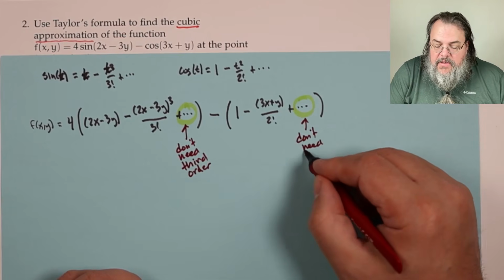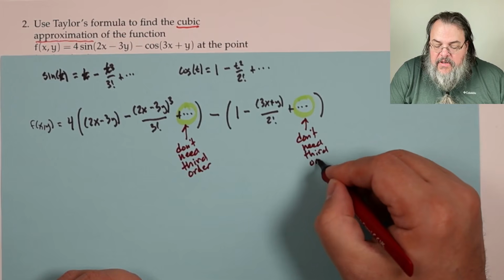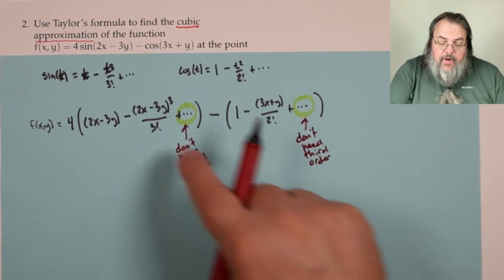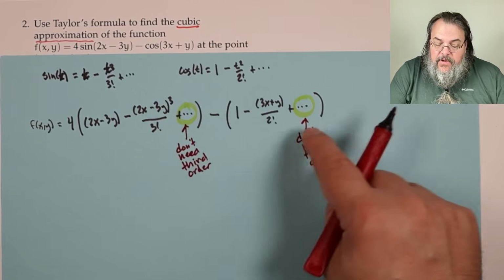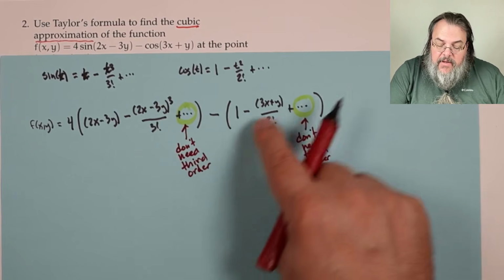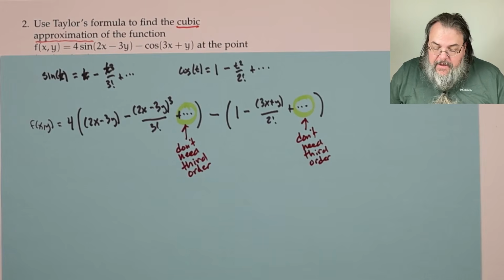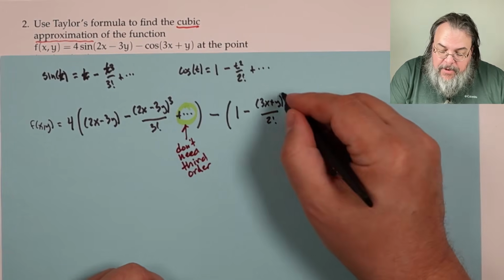So in other words, the answer is what you have here: 4 times (2x minus 3y) minus (2x minus 3y) cubed over 3 factorial minus (1 minus (3x plus y) over 2 factorial. And I can already see, I forgot this square.